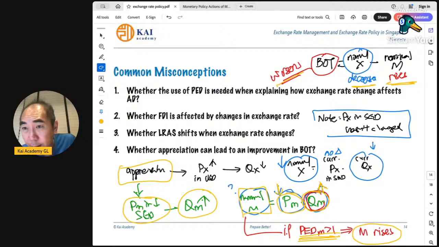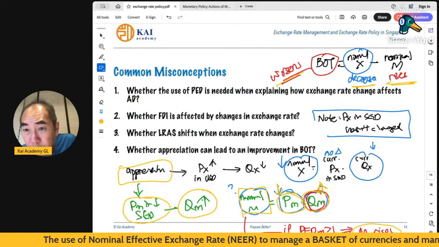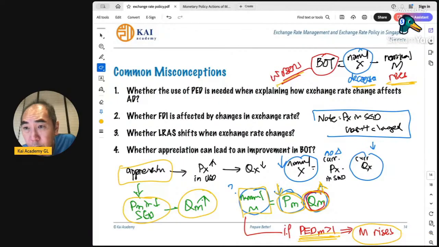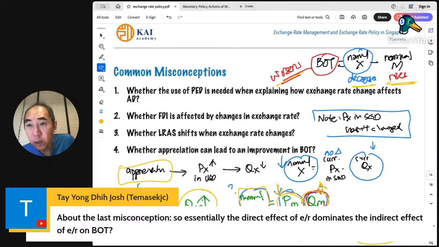Okay, so next I have a second comment here. Josh is asking about the last misconception. So essentially, the direct effect of exchange rate dominates the indirect effect on balance of trade. Yes, definitely. The direct effect dominates the indirect effect of exchange rate, at least according to the findings of MAS in the publication that they published quite a number of years back, and also according to the Cambridge examiners' viewpoint.